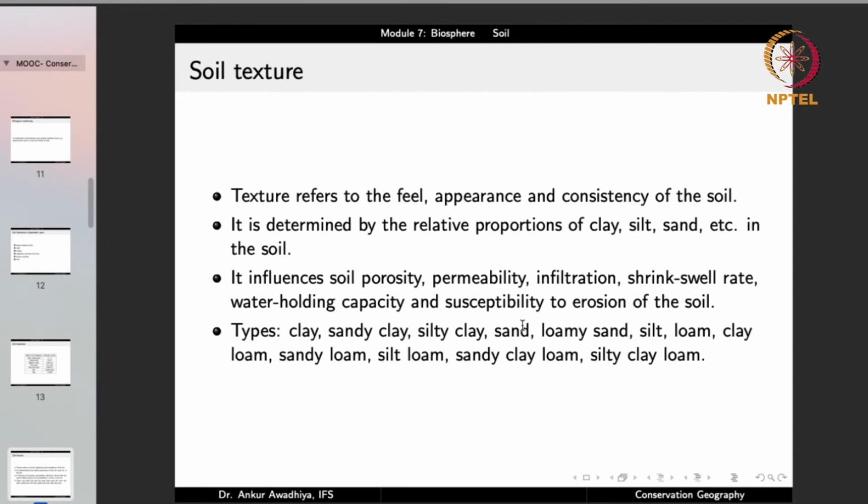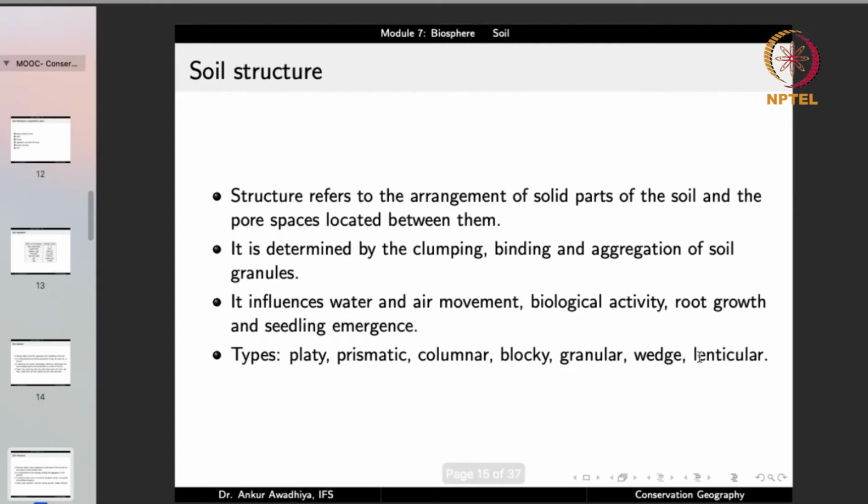Now loamy sand means that you have a combination of clay, silt and sand, but it is towards sandy texture. Then we have silt, we have loam. Loam is a very good mixture of clay, silt and sand. Clay loam, sandy loam, silt loam, sandy clay loam and silty clay loam. So these are different soil textures. Together with texture, we also have the structure of the soil.